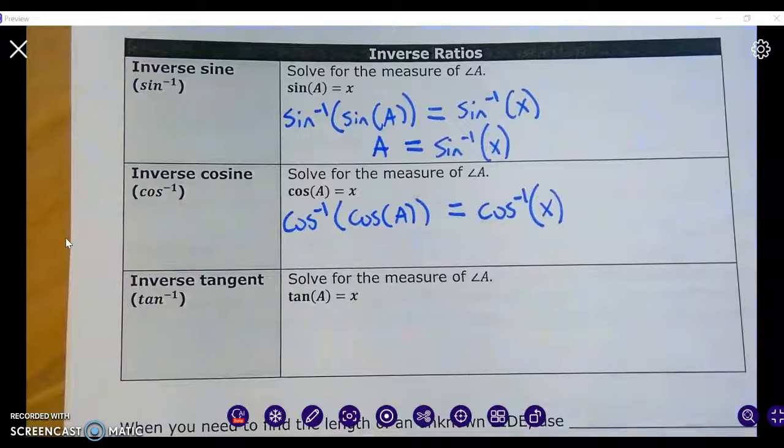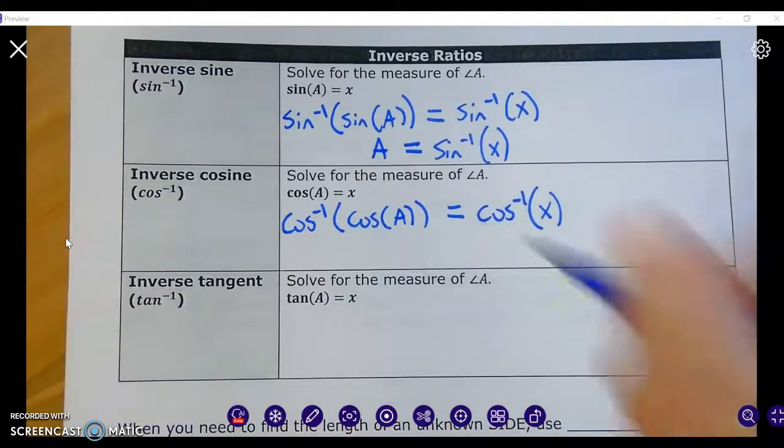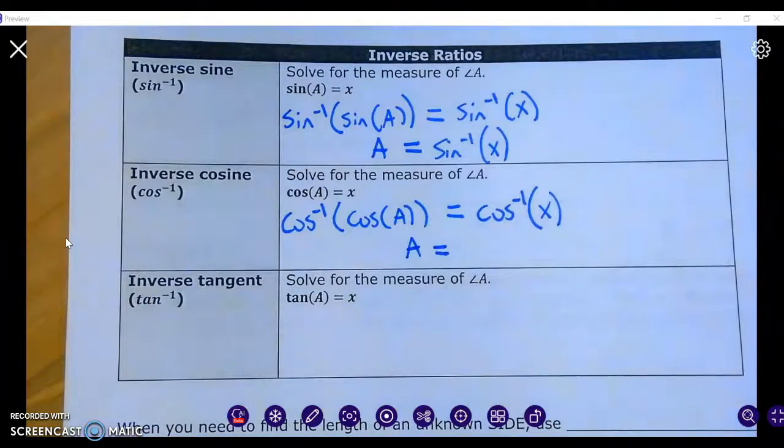Then on the left, since we have both kinds of cosines, they cancel each other out. So all we have is A equals cosine inverse of x.